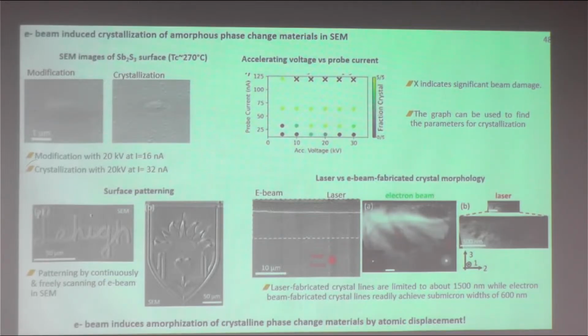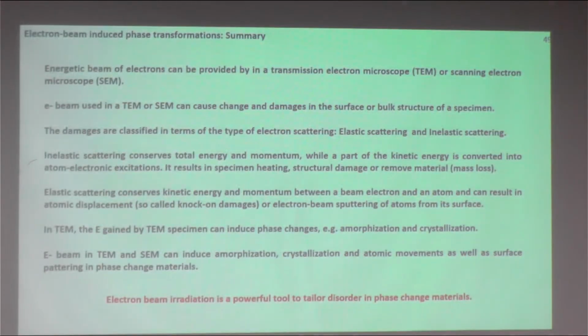So now let us conclude this part of my talk. Here the energetic beam of electrons can be provided by a transmission electron microscope or scanning electron microscope. The electron beam used in these two microscopes can cause changes and damage in the surface or bulk structure of the specimens.